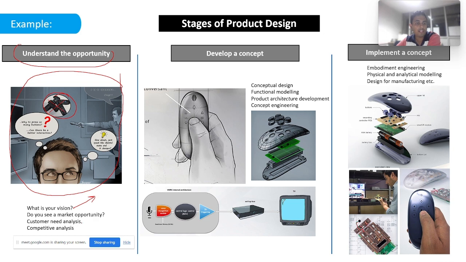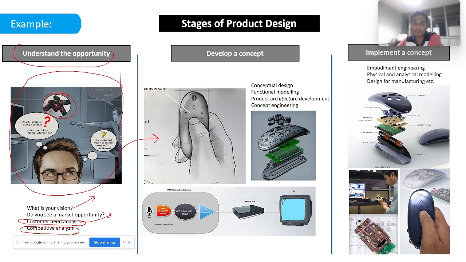So you have a vision, then you do some sort of need analysis. The requirement is that there are a lot of buttons in traditional TV remotes, so there should be some easy way to navigate between channels. And you do competitive analysis. What are the different competitive products available also.